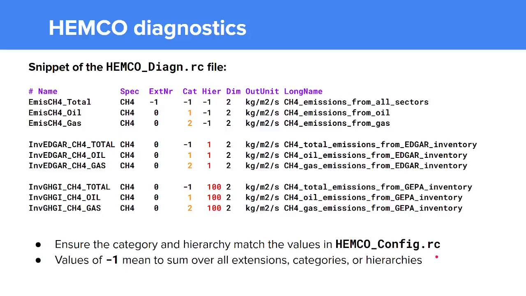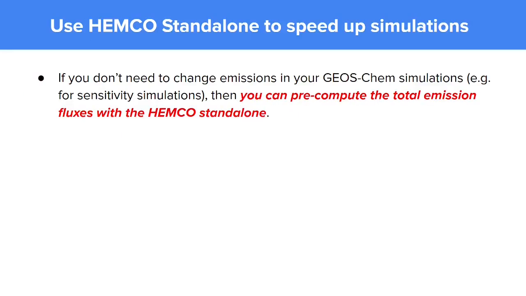Now, one of the things that you can use the HEMCO standalone for is to speed up GEOS-Chem simulations. So, for example, if your simulation reads a lot of emissions data from disk, you may want to consider pre-computing those emissions with the HEMCO standalone. So, for example, you can archive daily, monthly, etc. emissions fluxes with the HEMCO diagnostics from a standalone simulation.